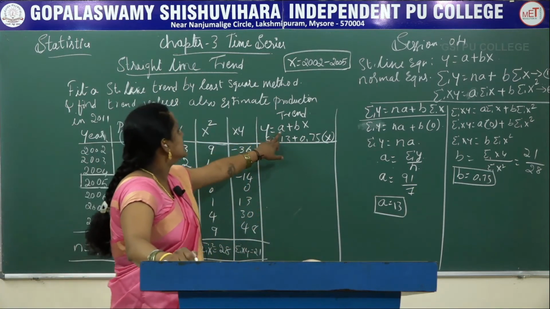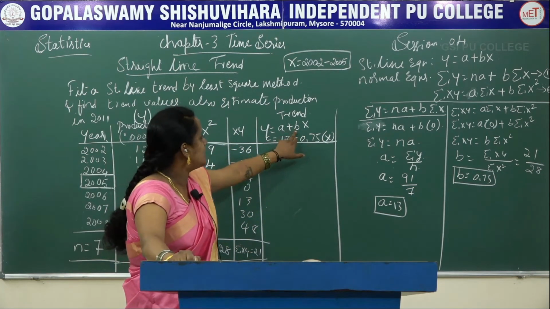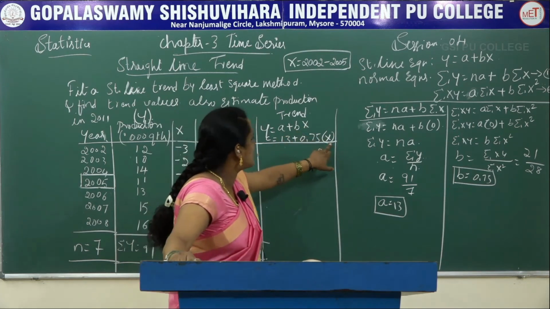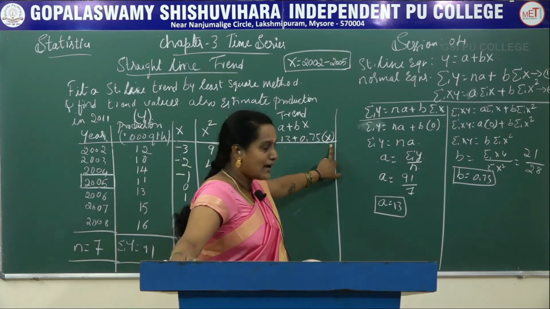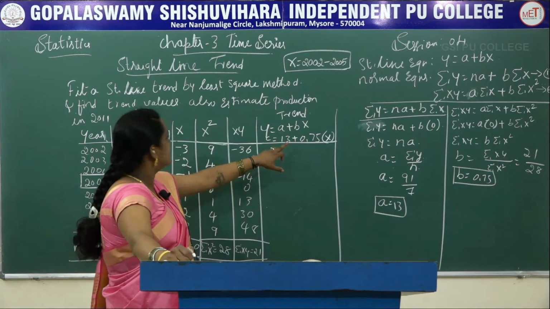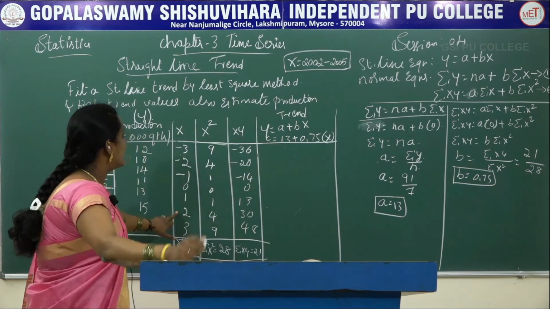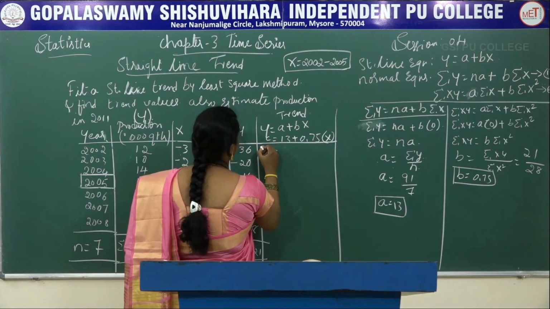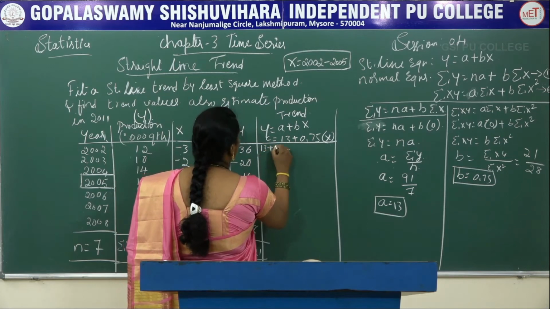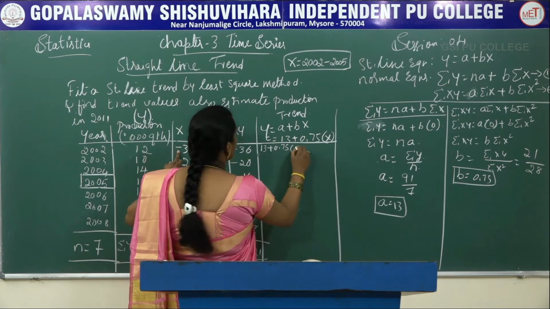This is also called the trend. Here a is 13, b is 0.75, and the x values are taken from this column. First I write 13 plus 0.75 into minus 3.